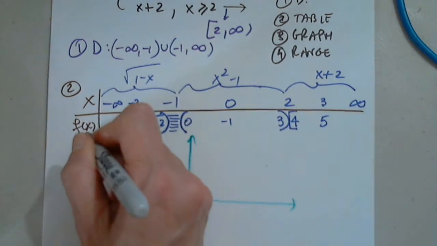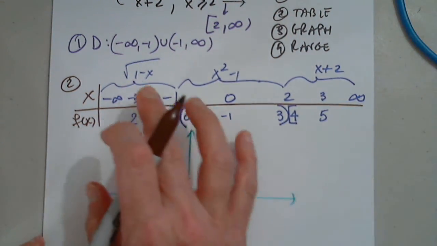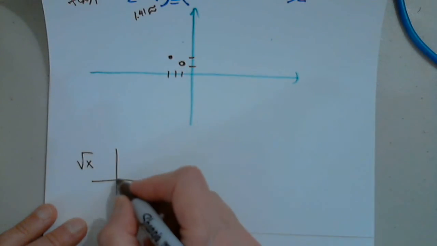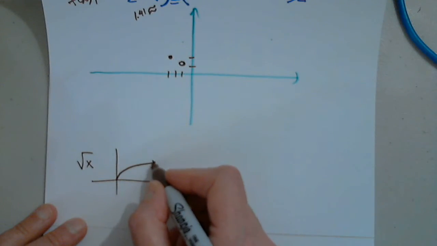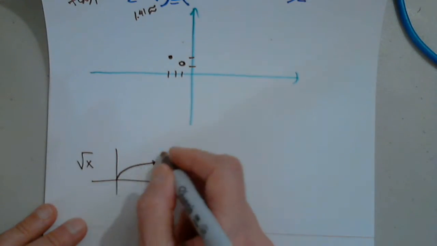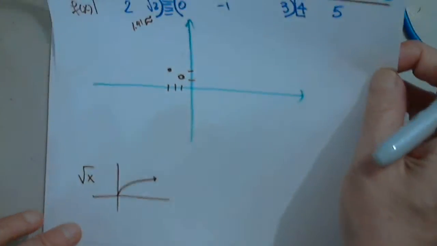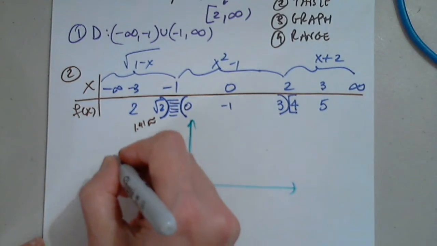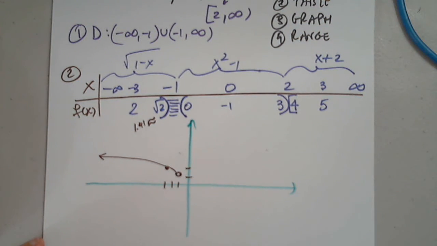If you draw this as a straight line, that will be incorrect. Remember how the square root function looks. It's not a straight line. It can go this way or this way, depending on the function. So in this case, this function goes this way. Do not graph it as a straight line. Okay, I'm finished with this.